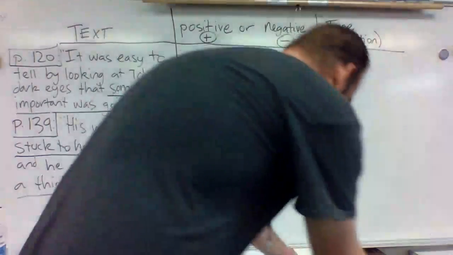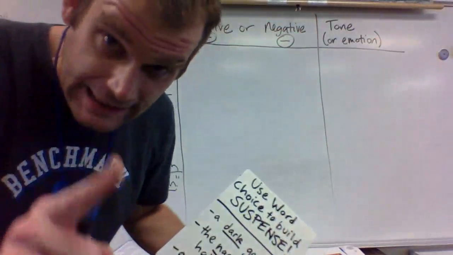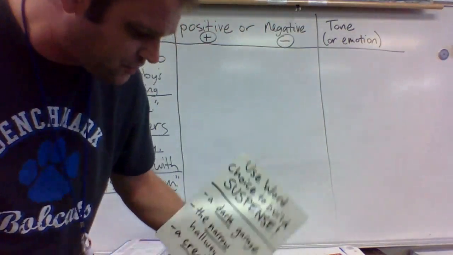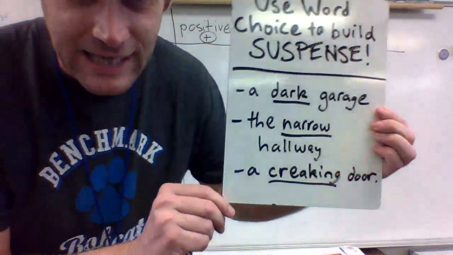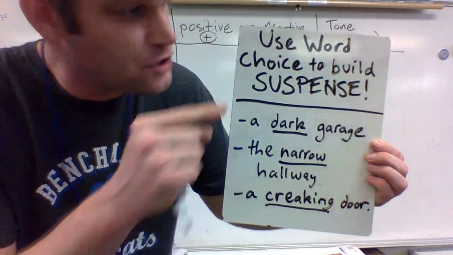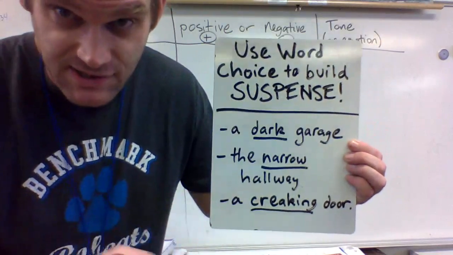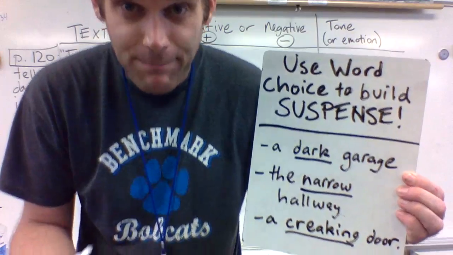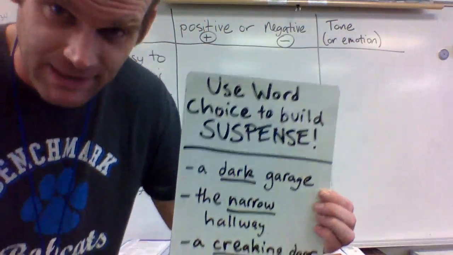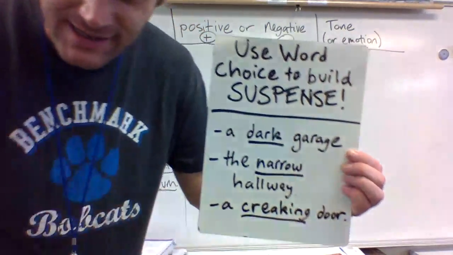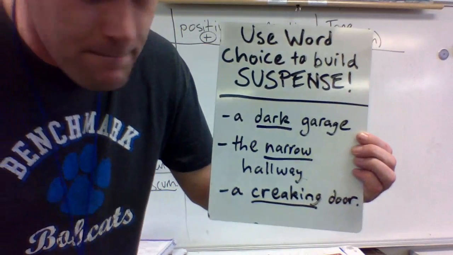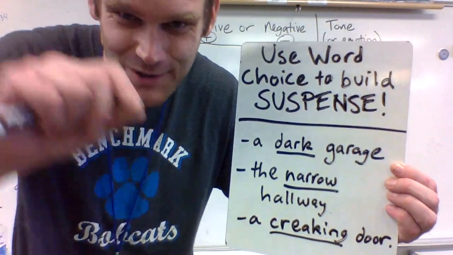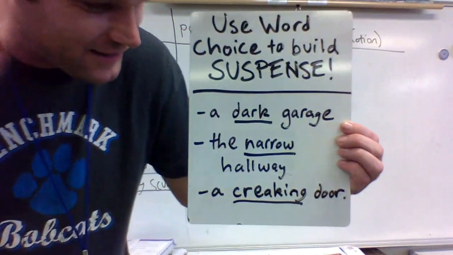Now, for those of you in my writing class that are in the process of writing a mystery short story, it's very important that you actually use word choice to build suspense, okay? Yes, you can use words to create positive feelings like happiness, joy, fun, excitement. But in a mystery, especially a darker mystery, we're getting close to Halloween and everything, right?